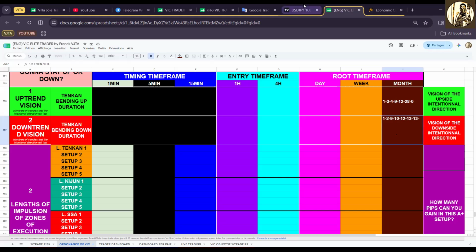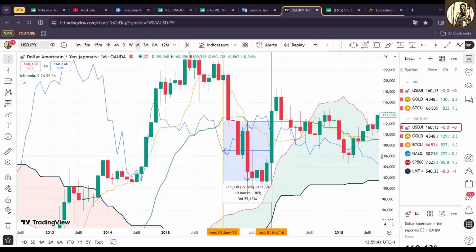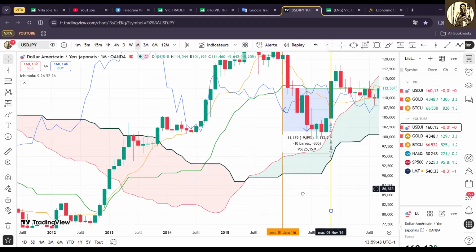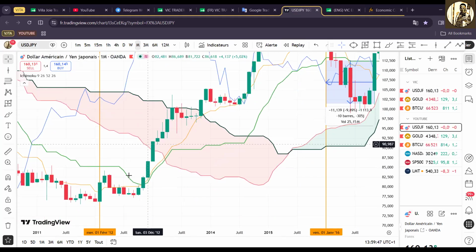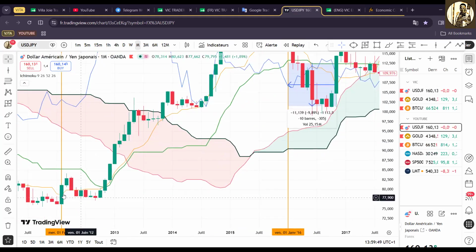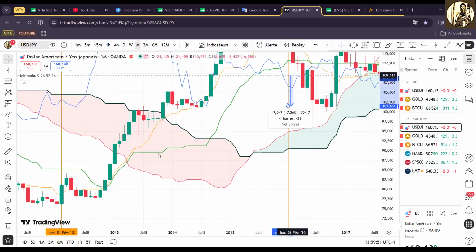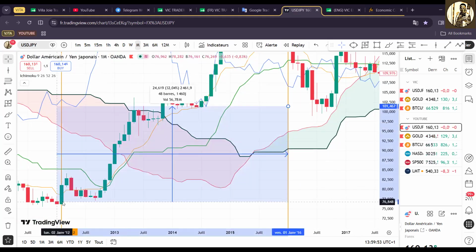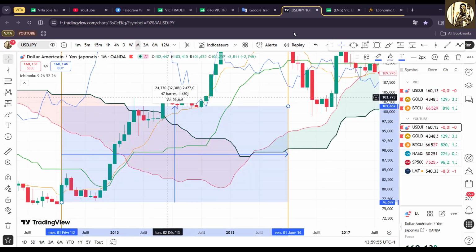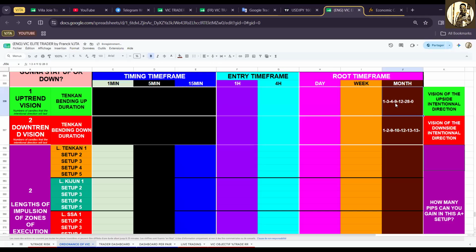I'll write 10 here. This other one, from this point to that uptrend far above, will be 47 bars. Then that is an uptrend, 47.